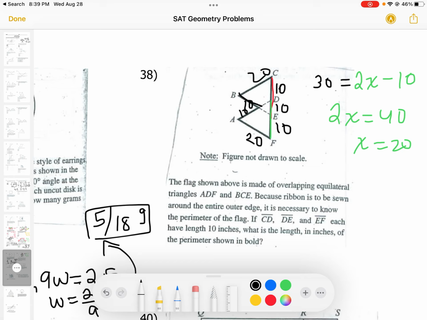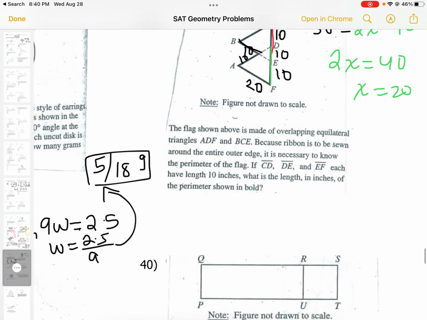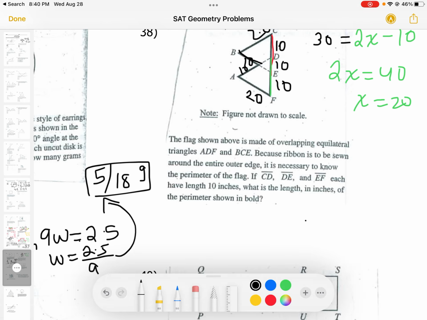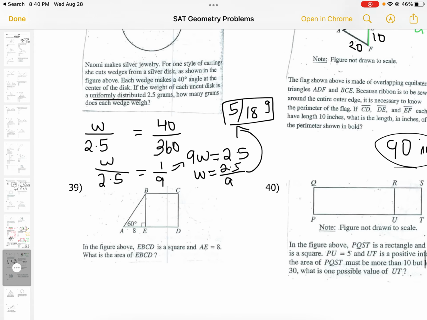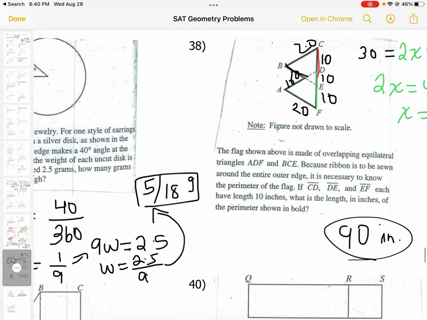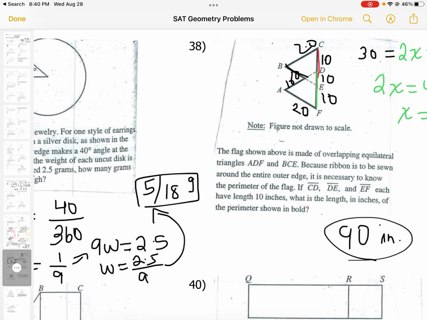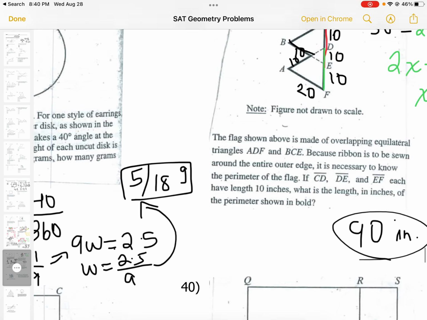So we can just add everything up. 20 plus 10 plus 10, that's 40. So this is 60. 60 plus 30 is going to be 90. And that's the perimeter of this flag. So 90 inches. And we're done. It says 30, 50, 60, 70, 90. Yeah, okay.